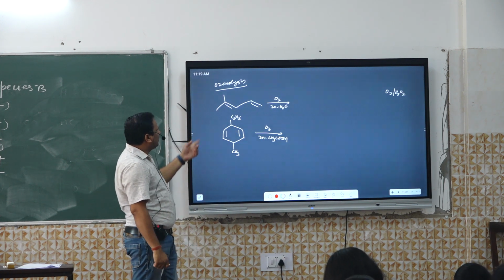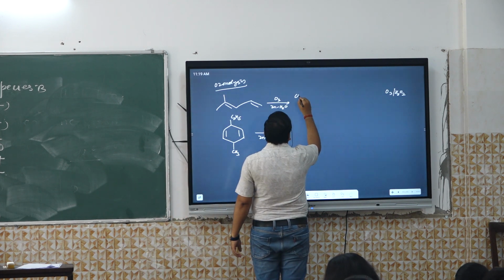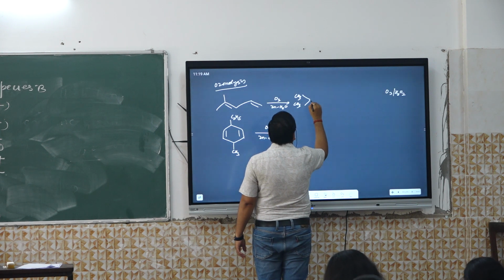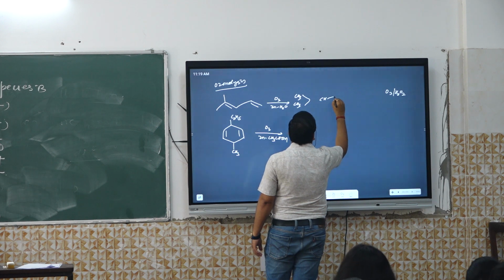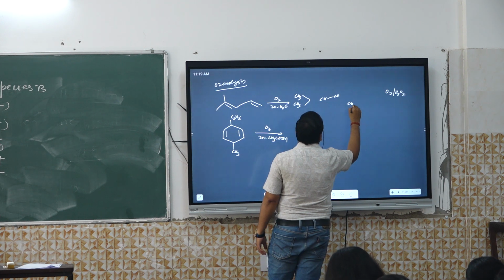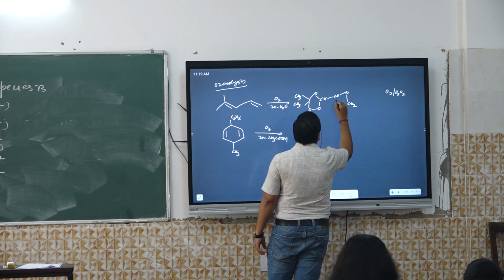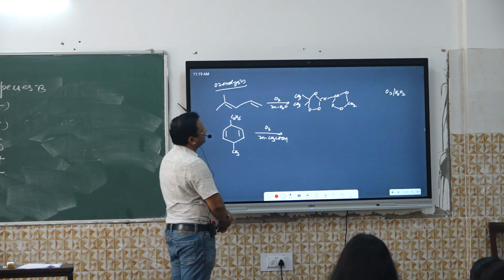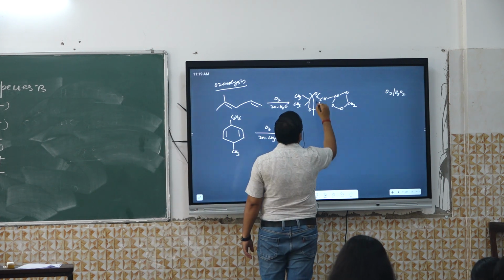So just try to recall, if this is the reactant, then in the first step, what will be formed? Ozonide. Yes or no? This is the ozonide. Then the cleavage of the ozonide.